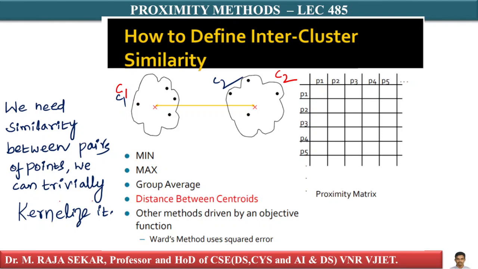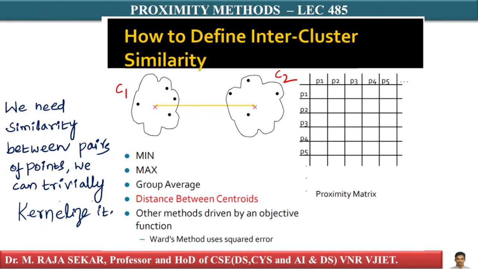This is an important point: as we need similarity between pairs of points, we can trivially kernelize it. So instead of this similarity matrix, I can choose any kernel matrix, so the kernel trick can be trivially applied, because all these measures, min, max, etc., need only similarity between pairs of points, nothing else.